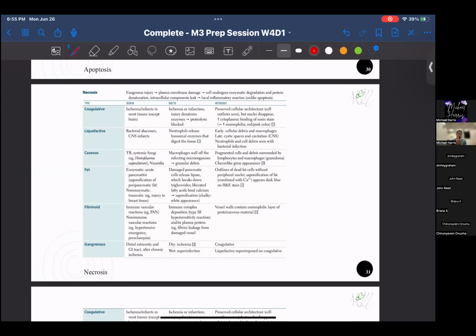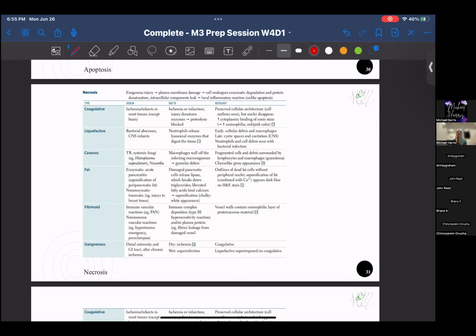These are definitions that you're going to use moving forward, and that you need to be able to use when you see a gross image or a biopsy of a tissue that's undergone cell death. There's coagulative necrosis, liquefactive necrosis, caseous necrosis, fat necrosis, fibrinous necrosis, gangrenous necrosis. These are the different types of necrosis out there.